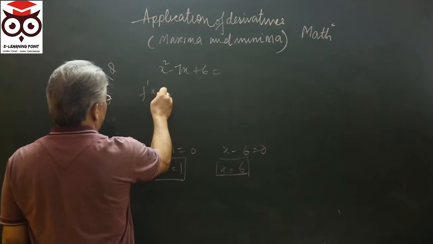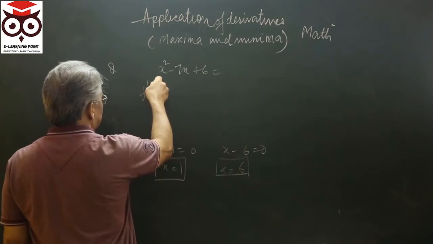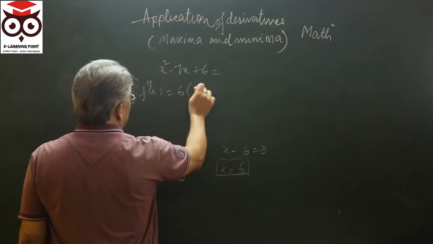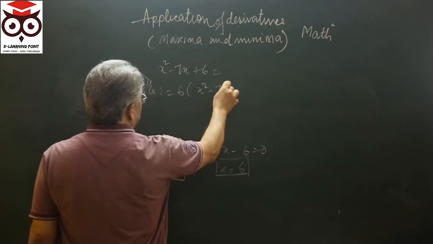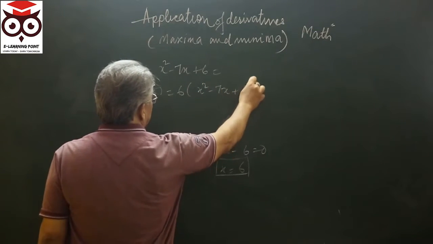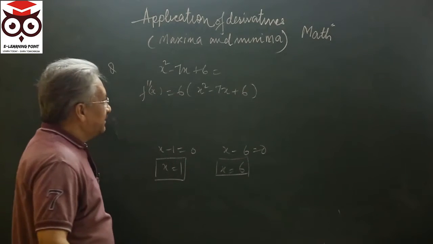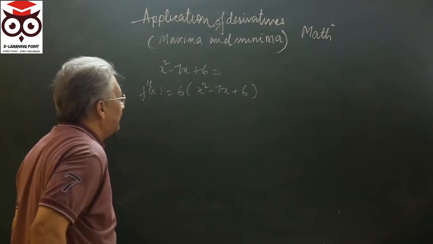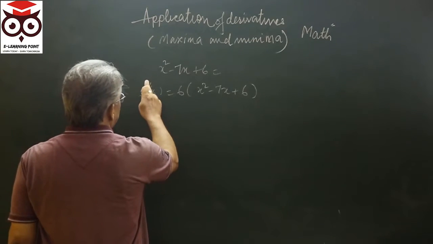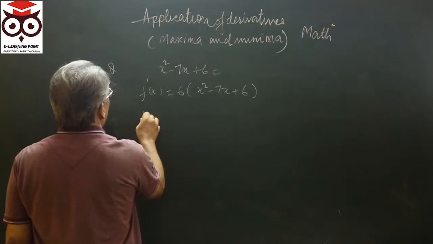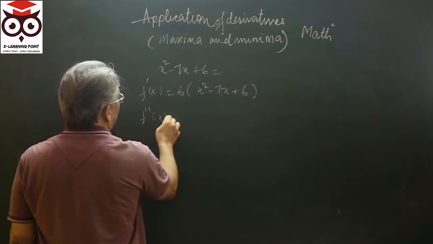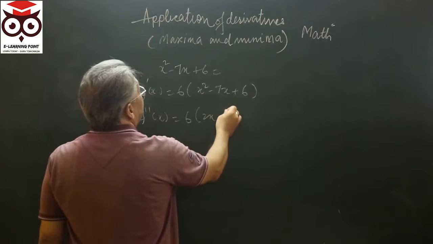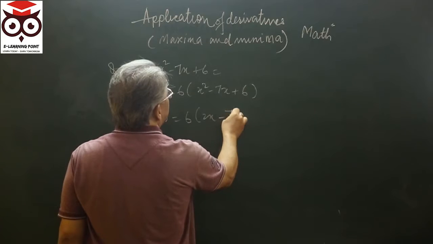This is f dash x, which is 6x square minus 42x plus 36. I will differentiate it a second time. So f double dash x is 12x minus 42.